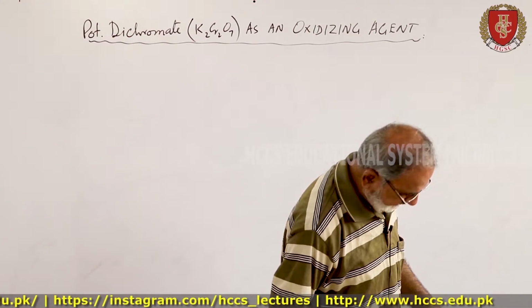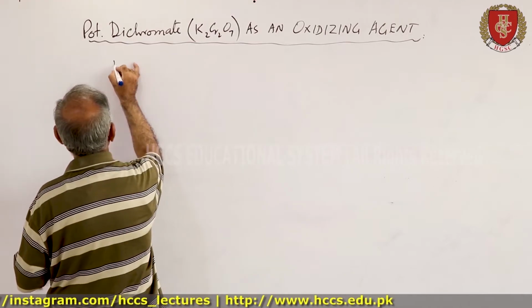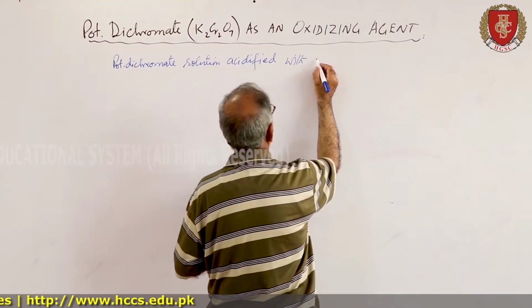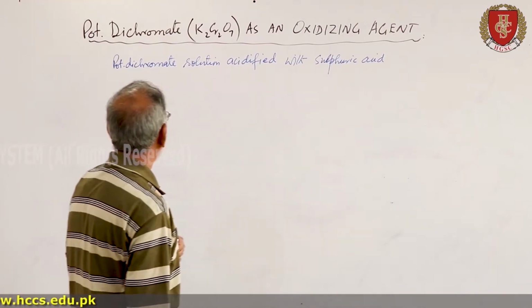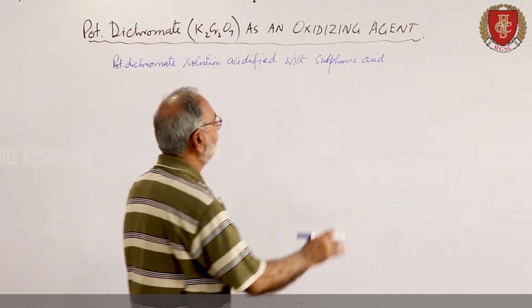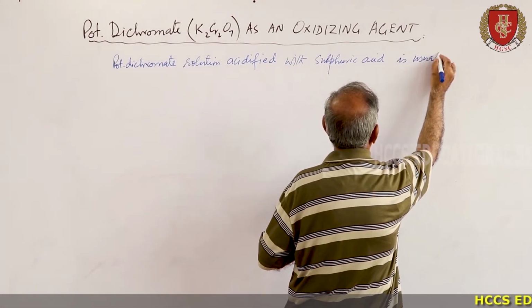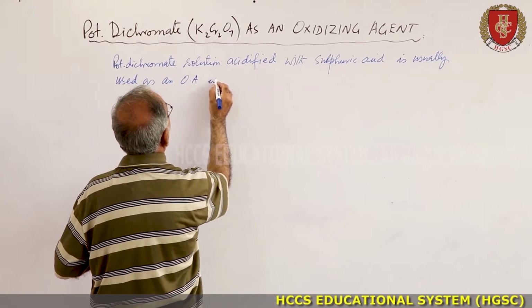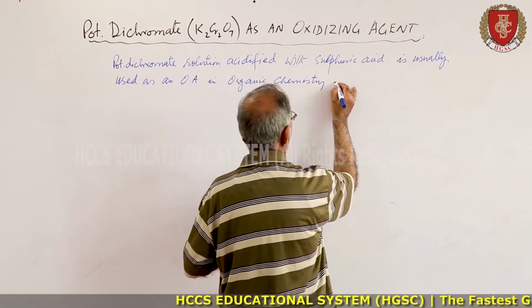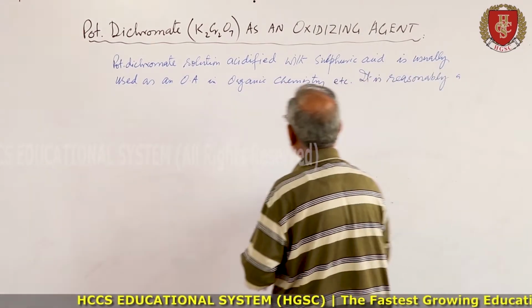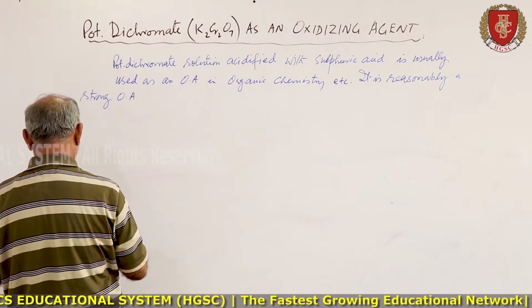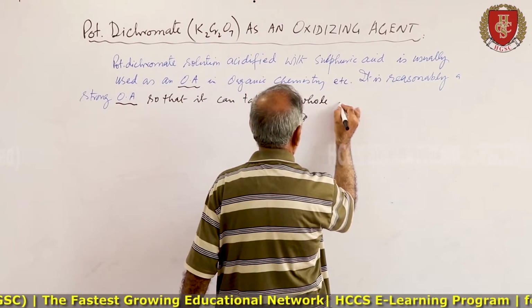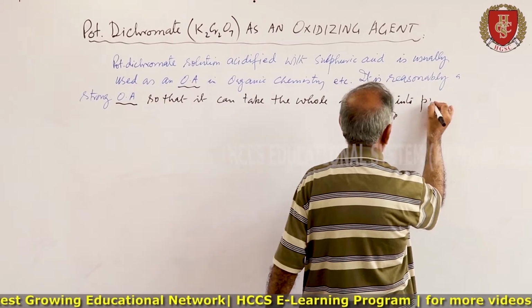As an oxidizing agent, potassium dichromate solution acidified with sulfuric acid is usually used as an oxidizing agent in organic chemistry, etc. It is reasonably a strong oxidizing agent so that it can take the whole molecule into pieces.